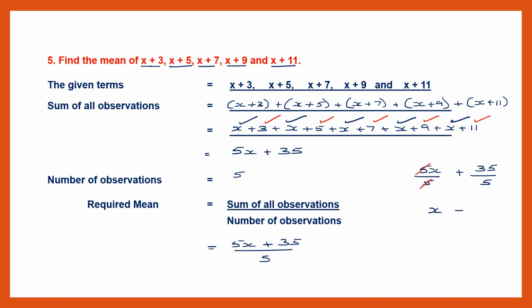So we have x. Now here 35 divided by 5. 5 ones are 5, 5 sevens are 35. So that is 7. So after this division, we have x plus 7, which is our required mean. So the answer is x plus 7.